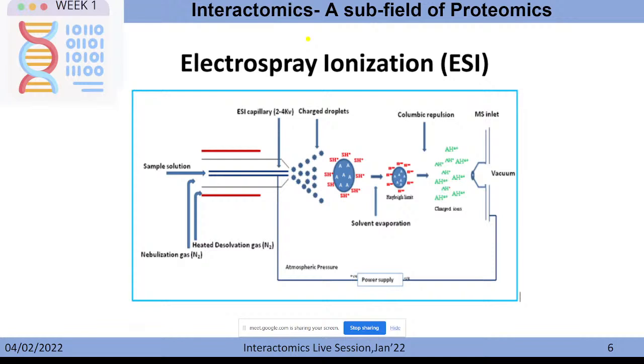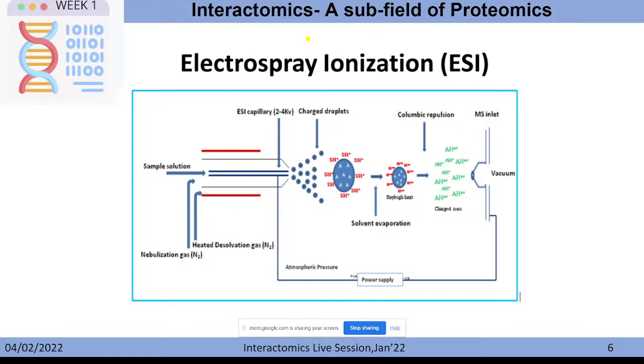So these are the two things, and these are some examples of the mass analyzers. Mass spectrometry helps you in the identification of proteins. It combines the mass analyzer and the ionization techniques, and you can detect those particular proteins or molecules.